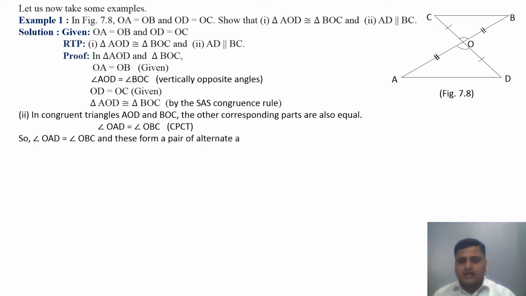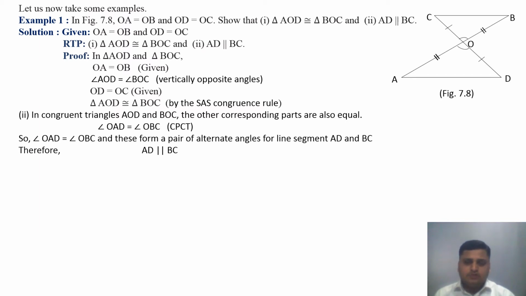So these two triangles, AOD and BOC, are congruent, and we need to mention by which rule we applied. SAS congruency rule. Now, if triangles become congruent, then the rest of their corresponding parts are also equal. That is, angle OAD is equal to angle OBC, and in short we say CPCT.